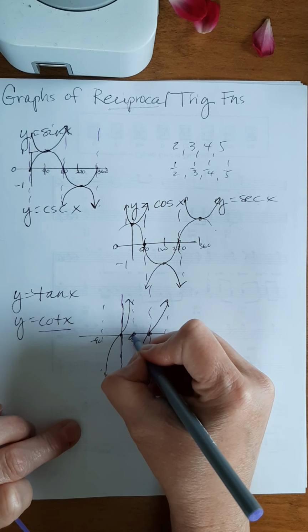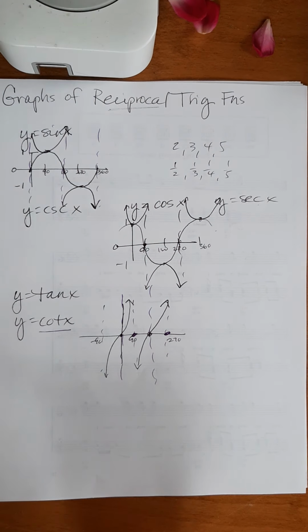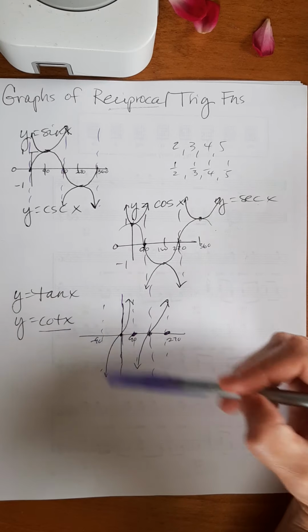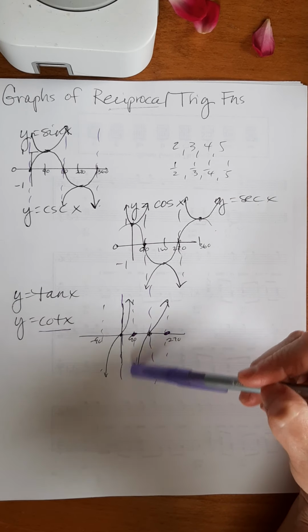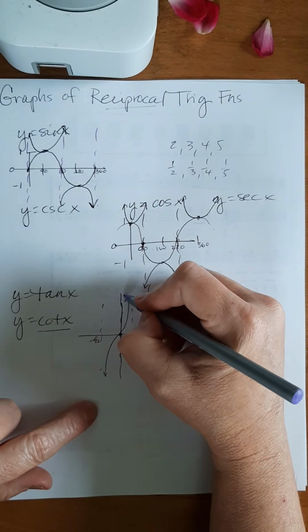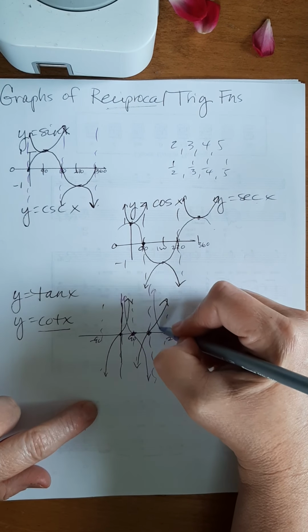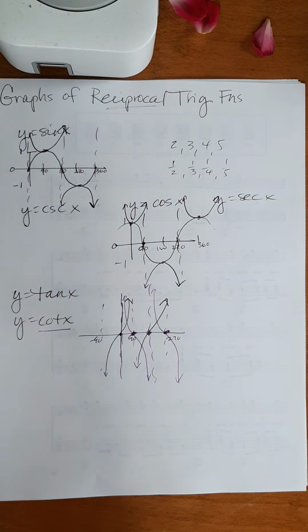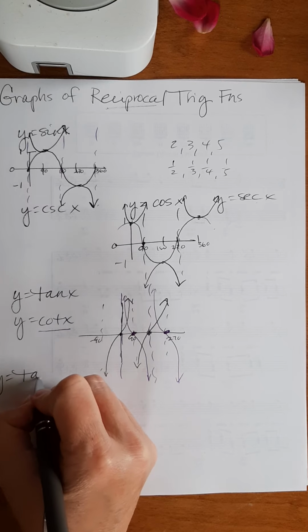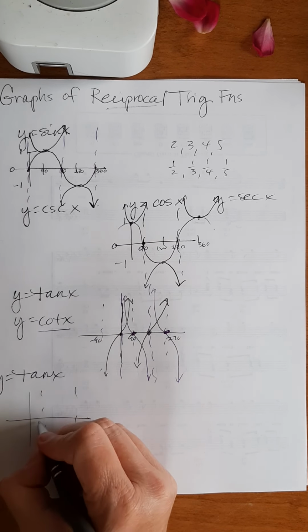Asymptotes become zeros. And then if tangent is always increasing, that means cotangent is always decreasing.